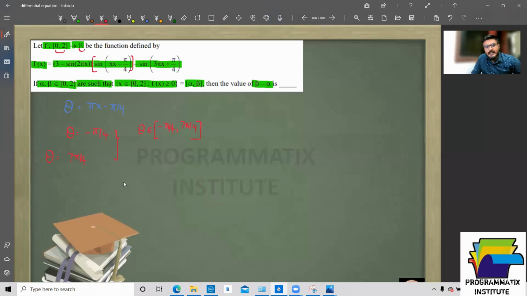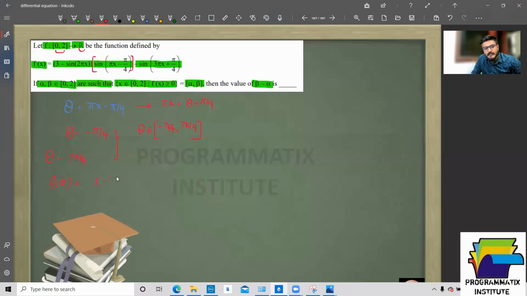Now, based on that, can I change this function in terms of theta? Yes, definitely. You can convert the whole function of x into terms of theta. How? You know pi x is equal to theta plus pi by 4. Let us substitute in the given function.